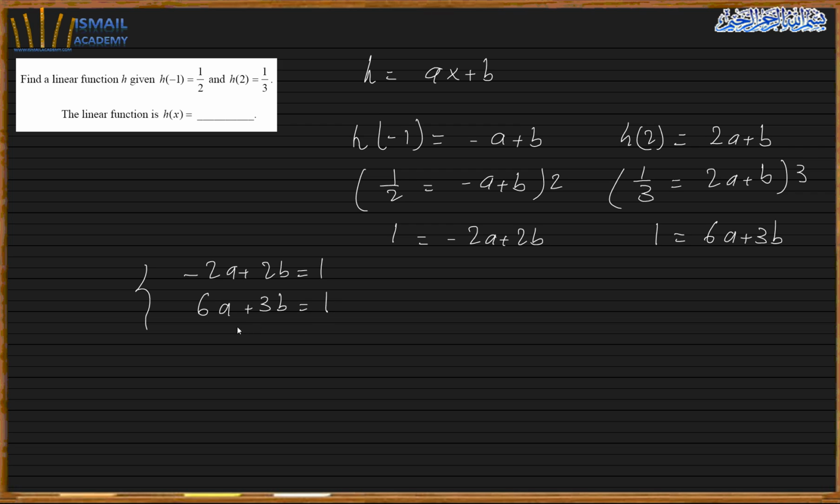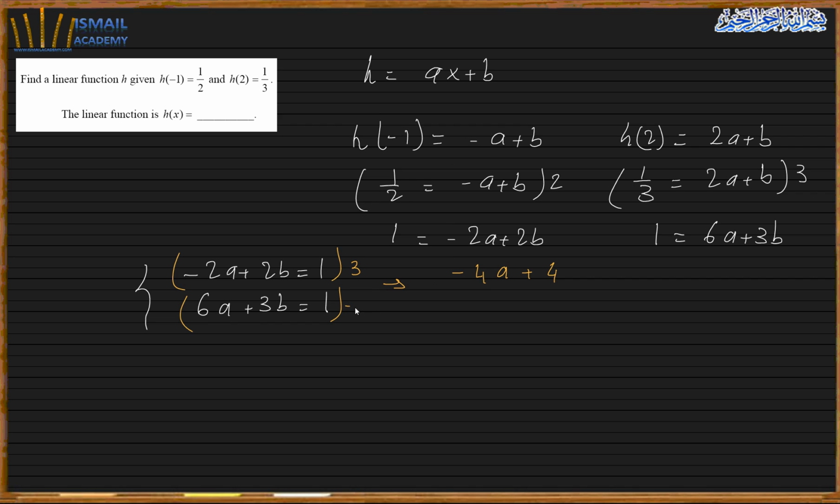Now we are going to solve for a and b, so I'm going to use elimination here. So I multiply here by 2, and here I multiply by minus 3. So in that case I will end up having minus 4a plus 4. Oh, you see, I flipped. I need to multiply here by 3 and the top by 2.